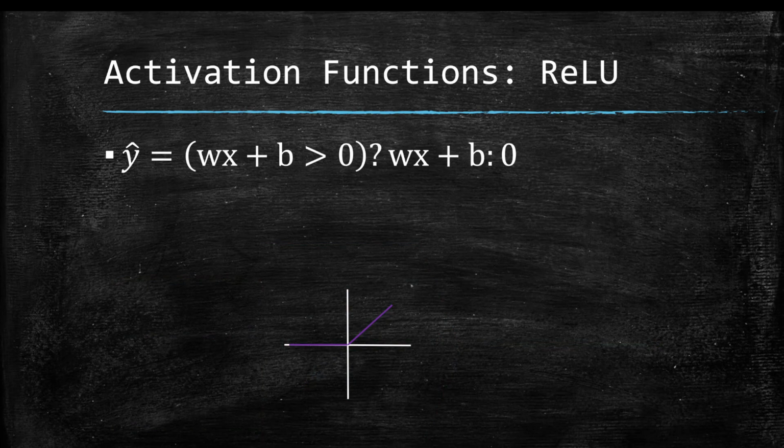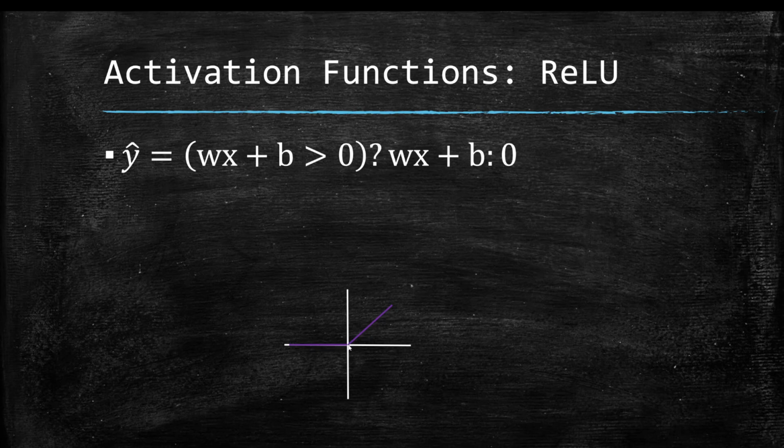Now, we have an activation called a ReLU. That means we're going to output 0, we have no value, until we reach a total sum greater than some kind of threshold value.